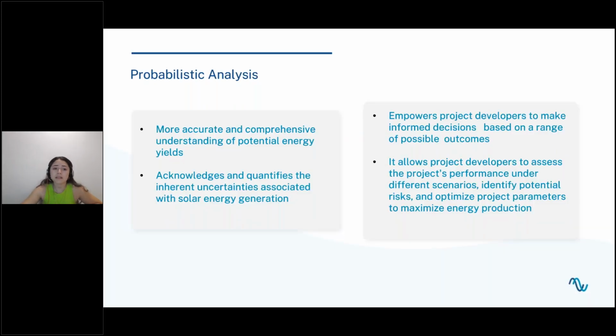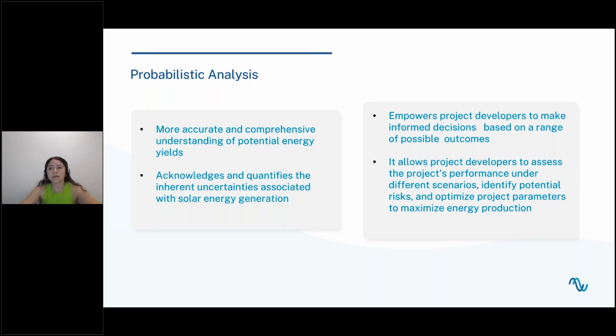This analysis plays an important role in solar energy projects by providing a more accurate and comprehensive understanding of potential energy yields. It also acknowledges and quantifies the inherent uncertainties associated with solar energy generation.